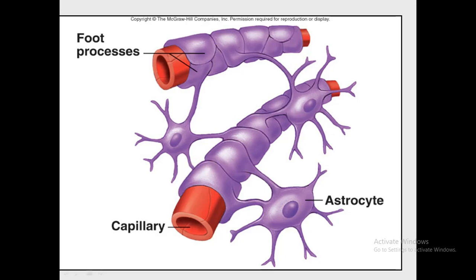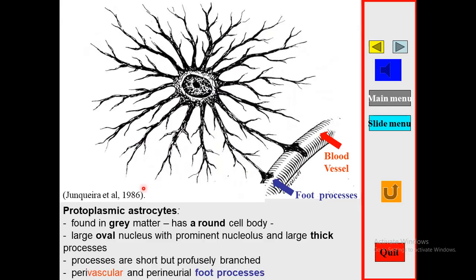Those cells are of 2 types. Protoplasmic astrocytes are present in the gray matter, with very branching, very thick cellular processes and a rounded cell body.